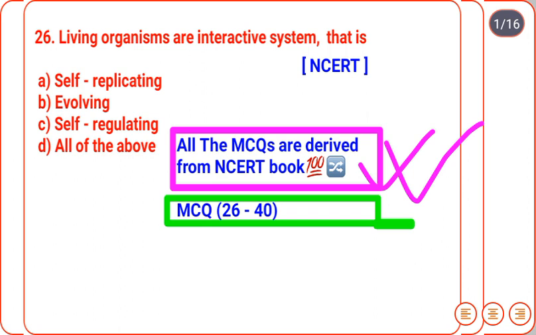Here the correct option is option D, all of the above: self-replicating, evolving, self-regulating are interactive systems. So option D is correct and exactly from the NCERT book.